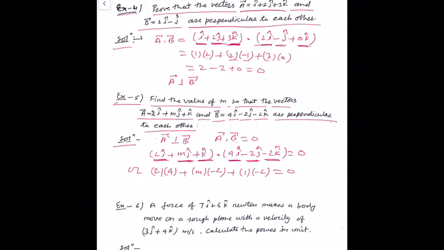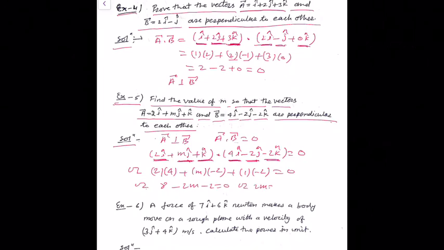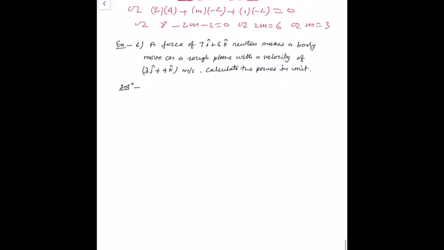So it is equal to 0, or we can write 4 into 2, 8, minus 2m and minus 2 is equal to 0, or 2m is equal to 6, or m equal to 3. It is the final answer.